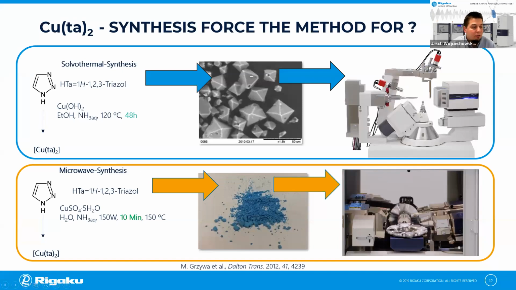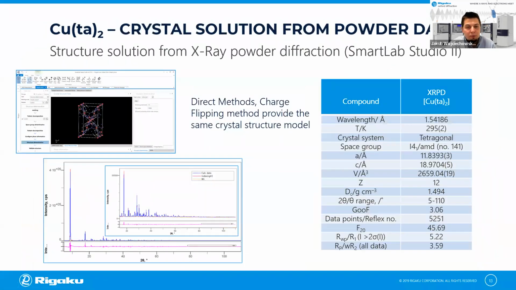Then very often a skilled crystallographer will go for structure solution from the powder data, which is not so intuitive or easy, and not as well accepted by the community as single crystal data, but still very valid information. With SmartLab Studio, you have access to direct methods and charge flipping, and it will provide the same structure model as single crystal instruments.